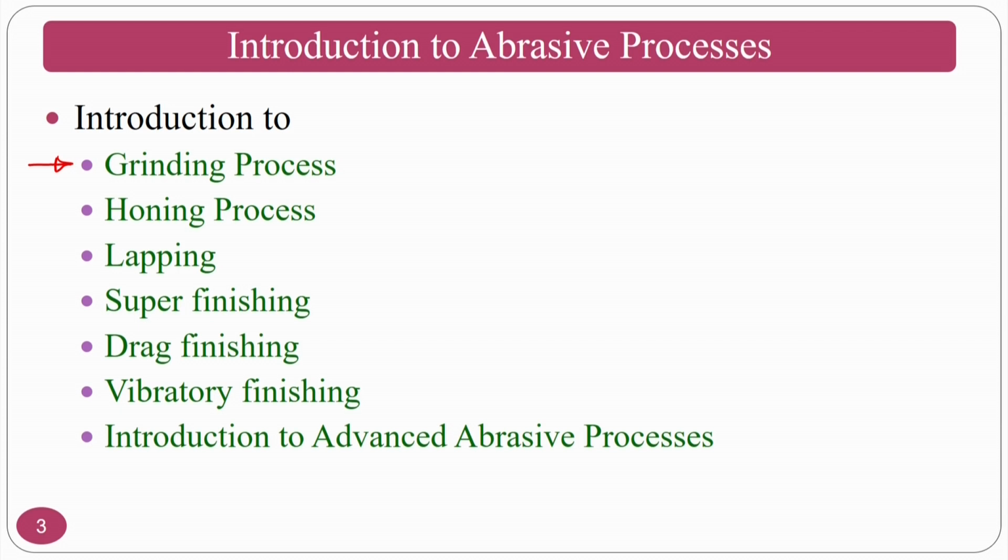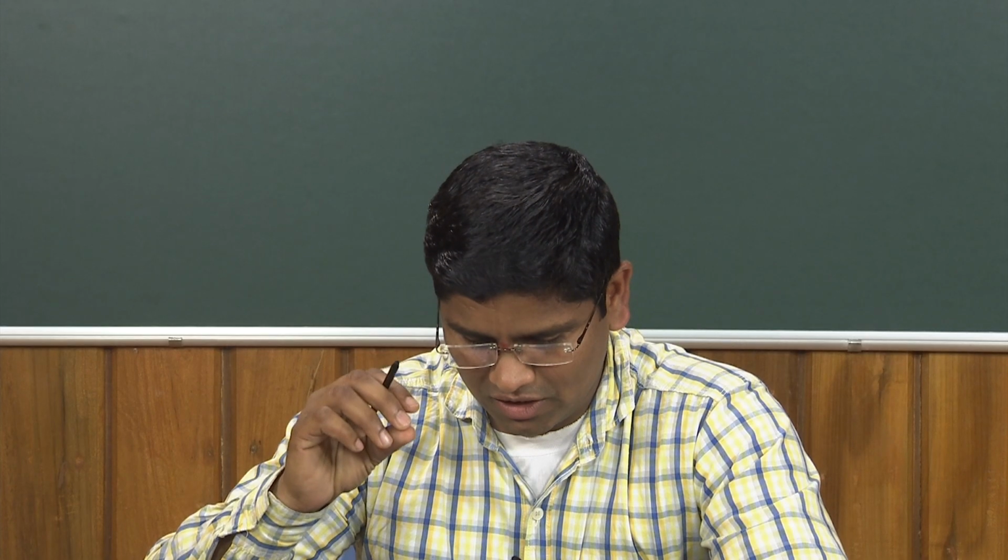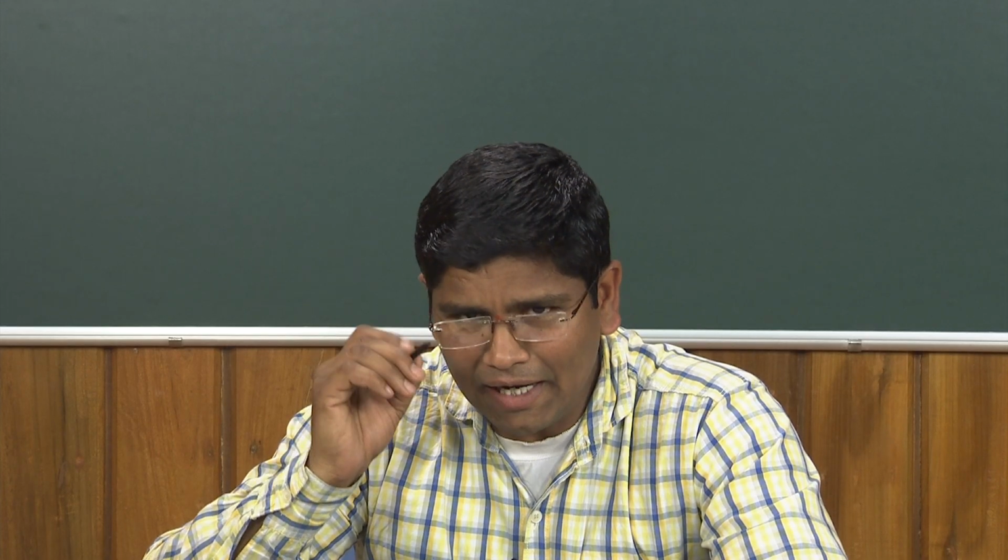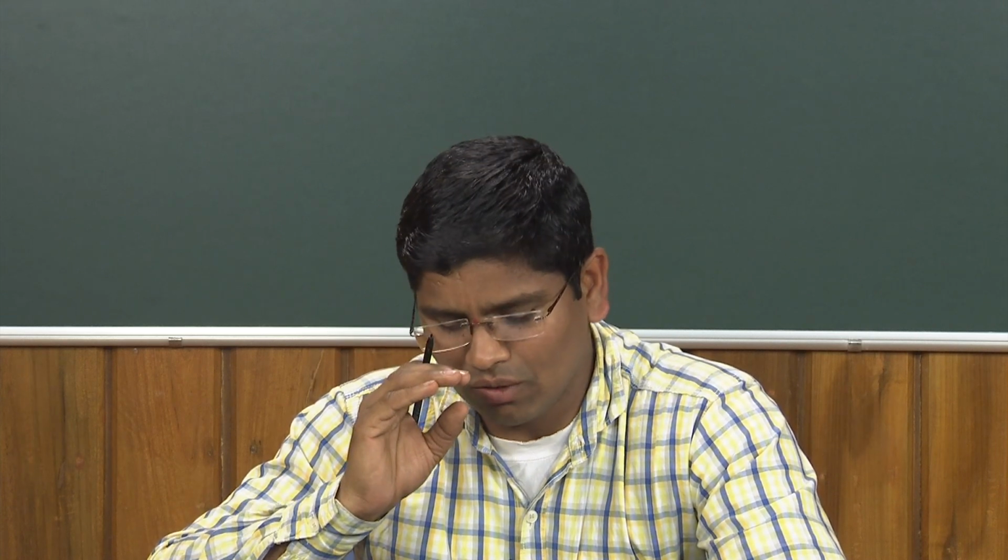And we will also see a little bit of the honing process, lapping process, super finishing, drag finishing, vibratory finishing and other processes, which are also considered to be conventional finishing processes. In particular, in this class, we deal with the grinding process only.